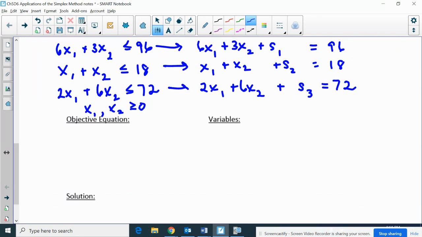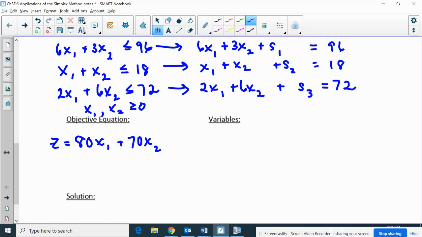So those are all lined up. Now my objective equation, I'm trying to solve for Z, my max profit, and it said it was 80 per x sub 1 and 70 for x sub 2.